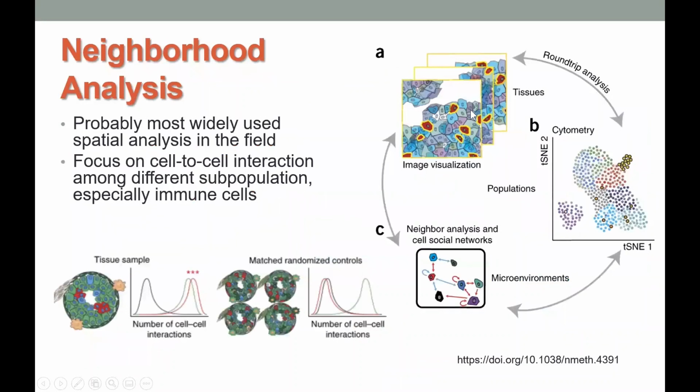The other, more complicated spatial analysis is the cell-to-cell neighborhood analysis, by defining each cell into an independent cell type. Now you start to ask if you see a specific cell-to-cell interaction in this particular sample.